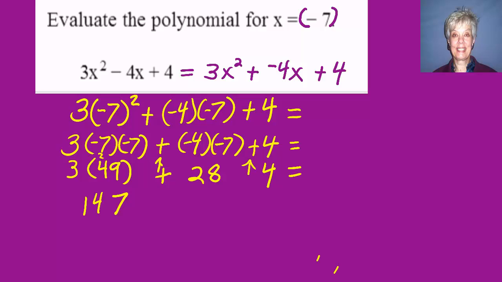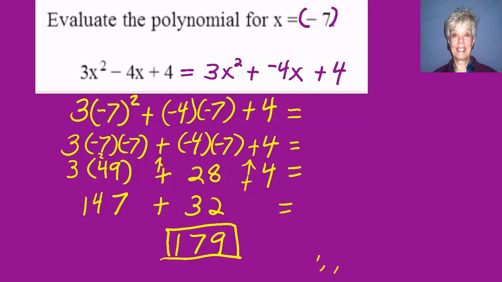So we'll have 147 plus 28 plus 4 is going to be 32. We add 147 plus 32. 7 plus 2 is 9. 4 plus 3 is 7. Bring down the 1. And there's our answer, 179.